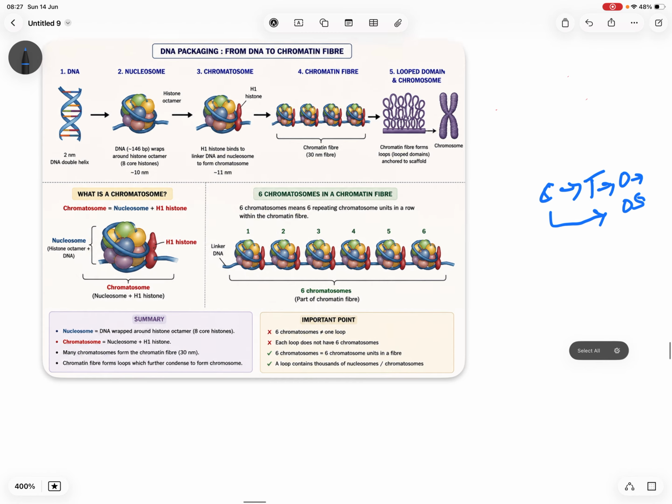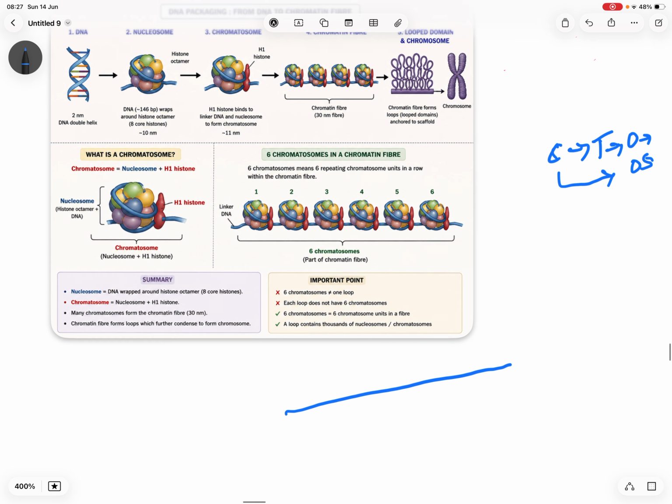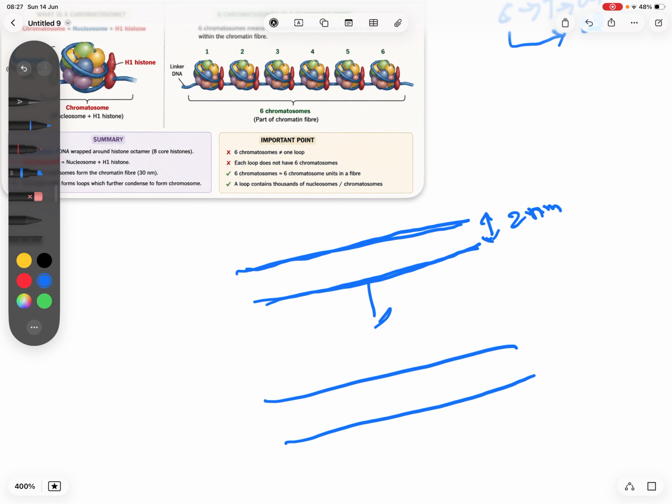When you take DNA, we know it's just a molecule with two strings, and when you measure the diameter of these two strings, the diameter is 2 nanometers. We know that this string also binds with some protein molecules, and those proteins are called histone proteins.